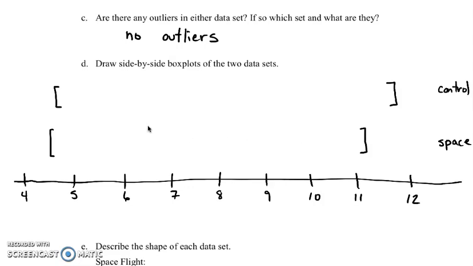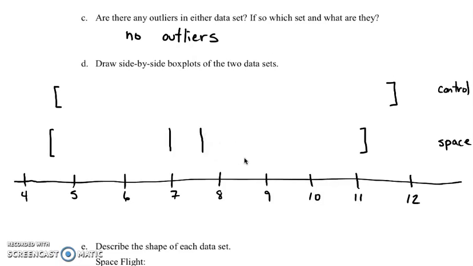Now we need to make our box plots, so we go to our 5-number summary. And remember, the box is made by Q1, median, and Q3. So we're going to draw Q1 is at 7 for the space flight. The median is at 7.72, so maybe about there.